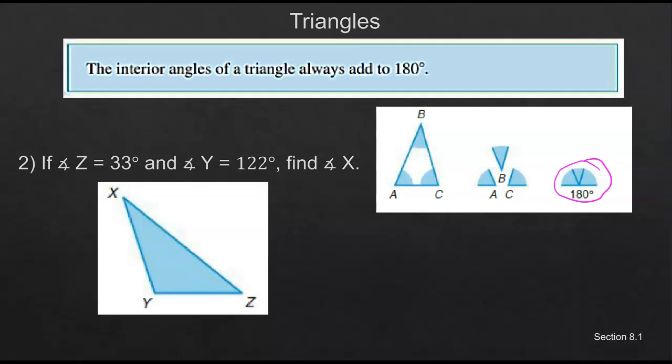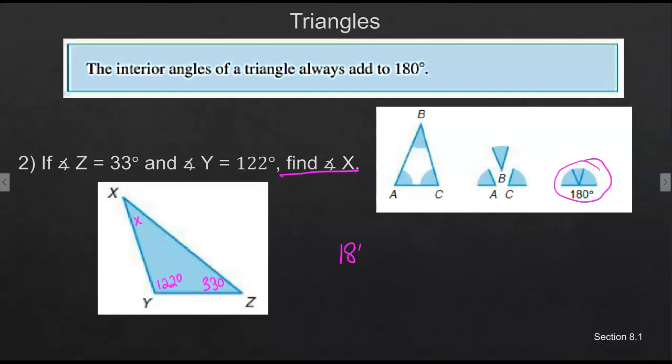So if you have two of the angles, like here we have angle Z is 33 degrees, angle Y is 122 degrees, and we're looking for angle X. So what is angle X? We can find that by subtracting from 180, or we can combine these first and then subtract from 180.